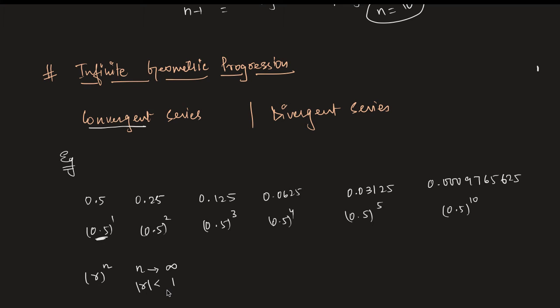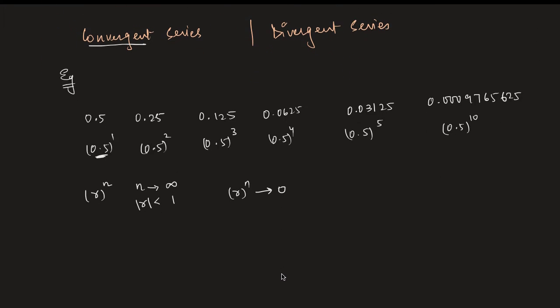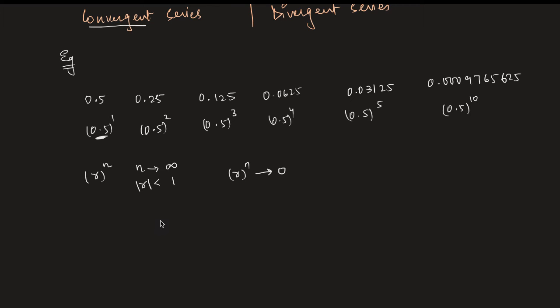So when the number of terms is tending to infinity, r to the power n will be reaching 0, but it will not be exactly 0, but it would be near to 0.